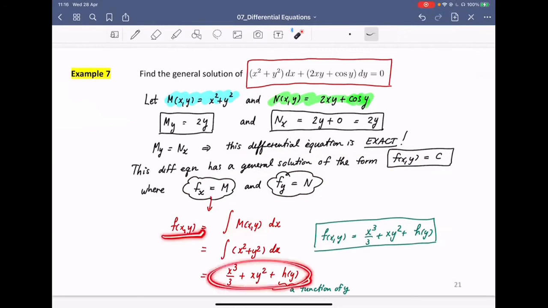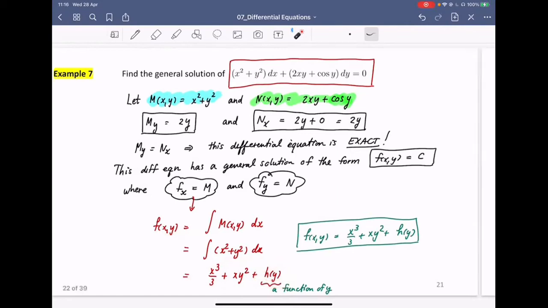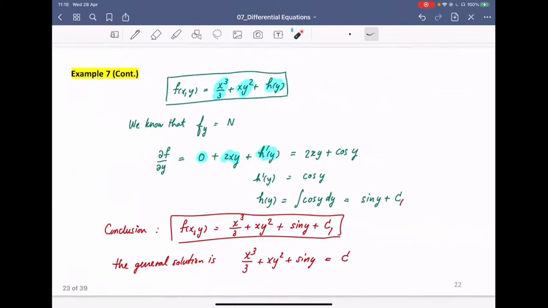I still need to determine the function h(y), because the constant of integration here can depend on y. So I use f subscript y equals n, another condition, to solve for h, and at the end I get f(x,y), and my general solution is going to be that.